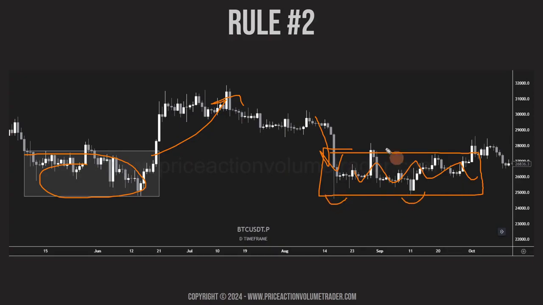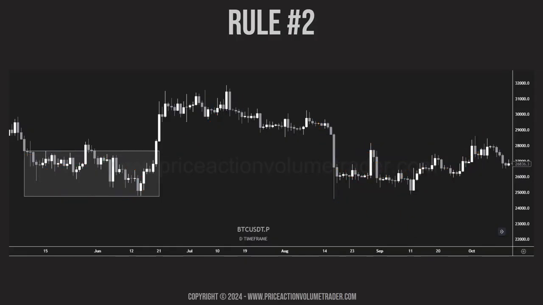And you can see how right here, it's pretty much just fading the edges until we get a clear breakout. And you do not want to be, in this case, trying to get around the middle of these areas because you can see how choppy all this is.